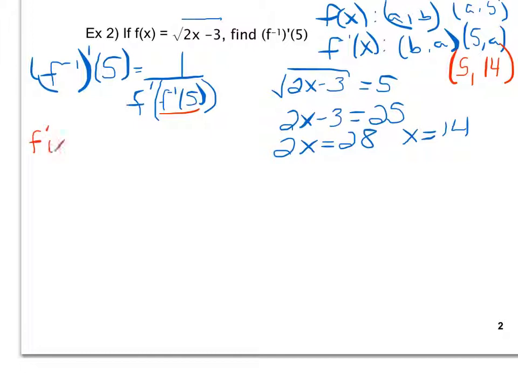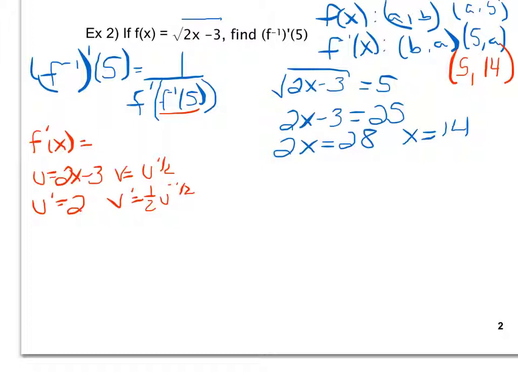So f prime of x equals, well, I notice that I have a composite function here. I have 2x minus 3 as my inside function, and the square root function as my outside function. So my inside function u is 2x minus 3. My outside function is u to the 1/2. So u prime is 2 and v prime is 1/2 u to the negative 1/2.